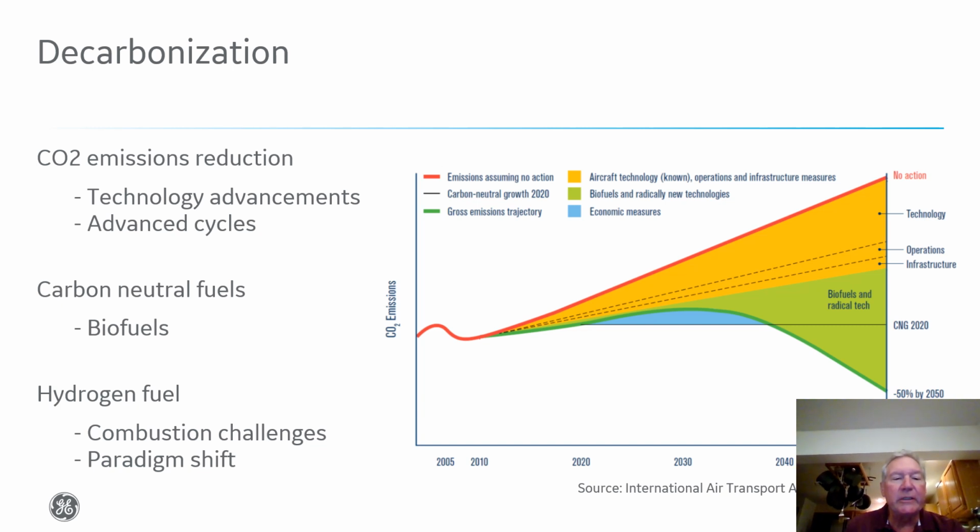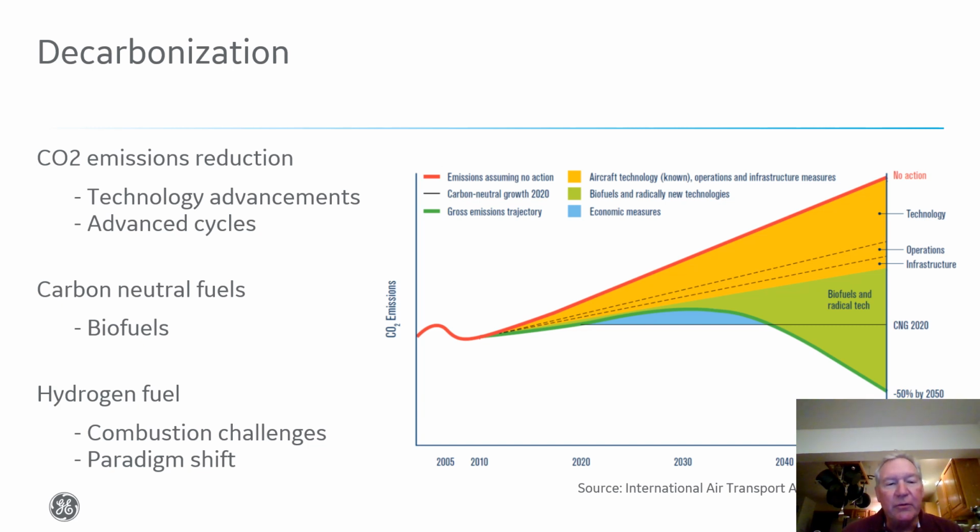So initially, I think the CO2 emissions reduction that IATA is targeting, we will address as an industry through advancement in technology, essentially doing what we already do, but doing it better to improve the efficiency of our engines, and therefore require less fuel burn per mile of travel.